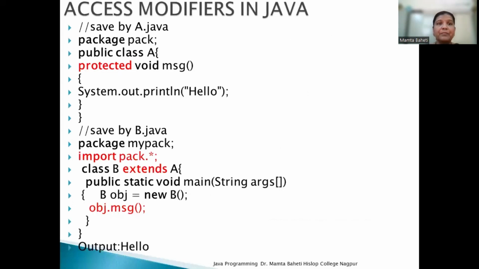For example, I have an A.java file in package pack. The class is public, but the method is protected.